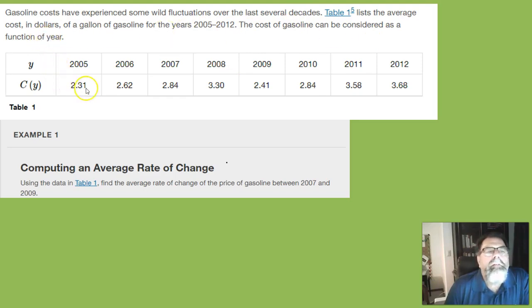So C of y is the cost in dollars of a gallon of gas. For 2005, if the input's 2005, the output would be 2.31.